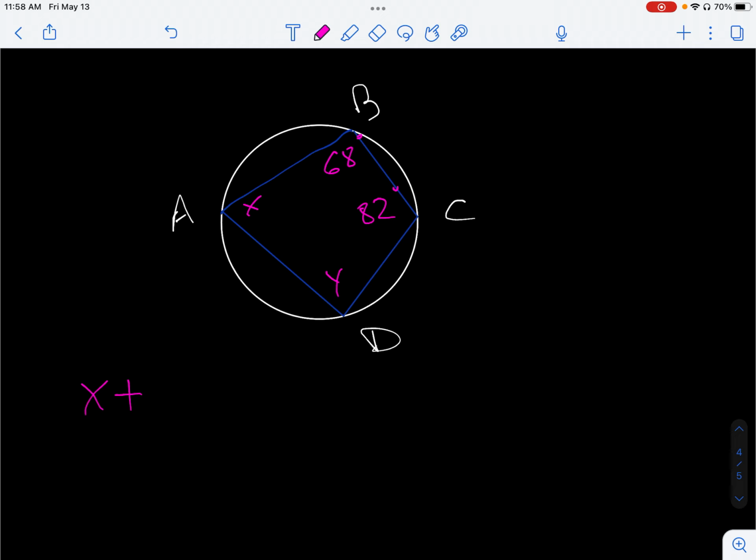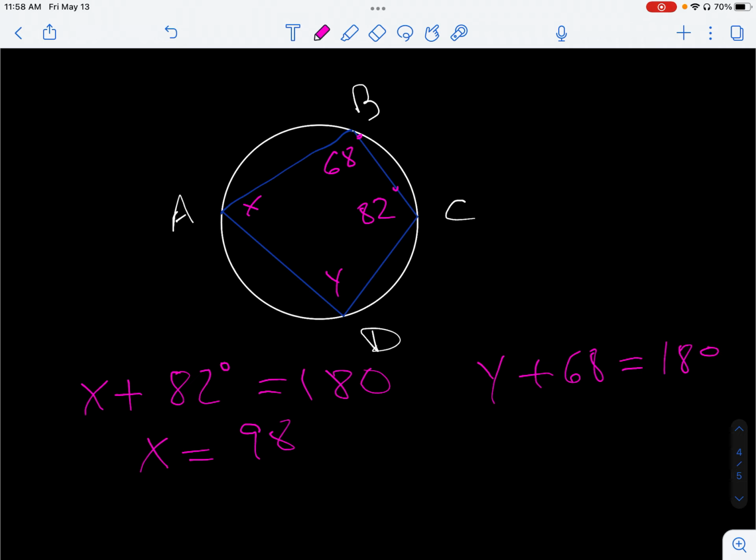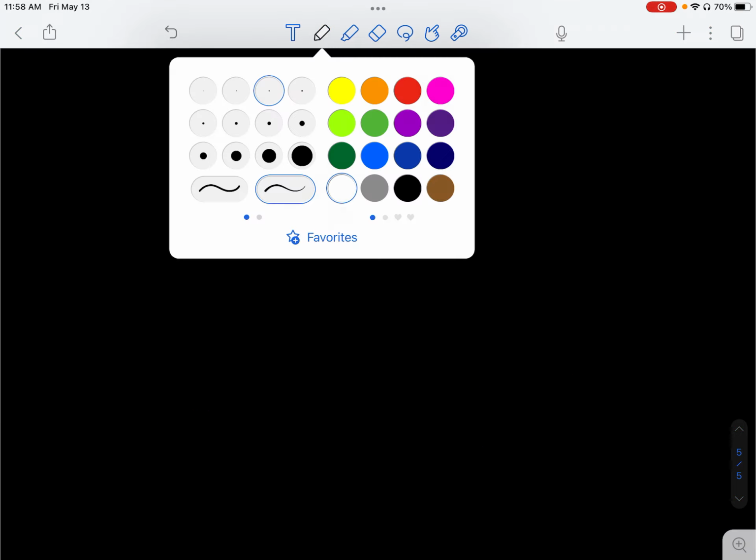So to solve, X plus 82 degrees equals 180. So X equals 98, and Y plus 68 degrees equals 180. So Y is going to equal 112.